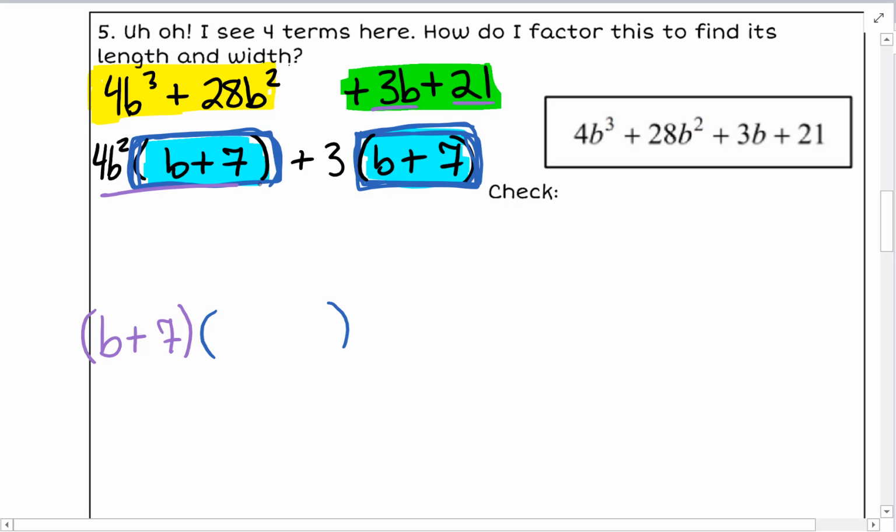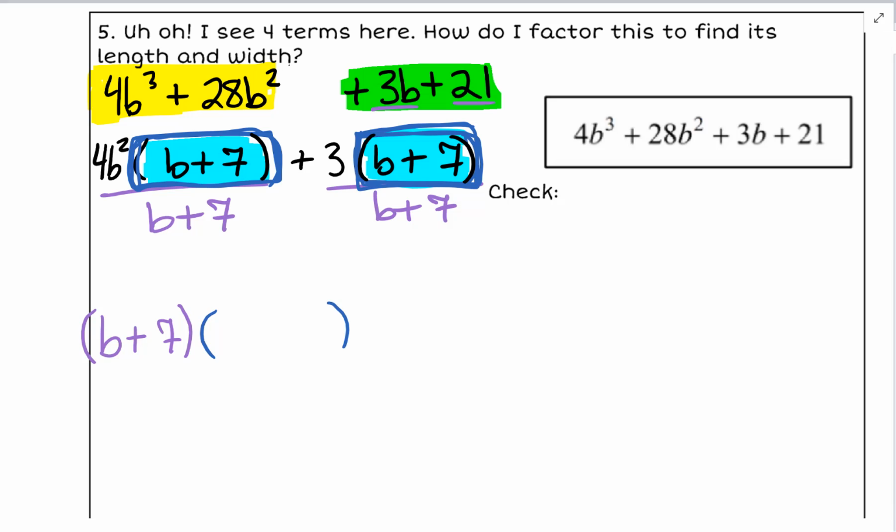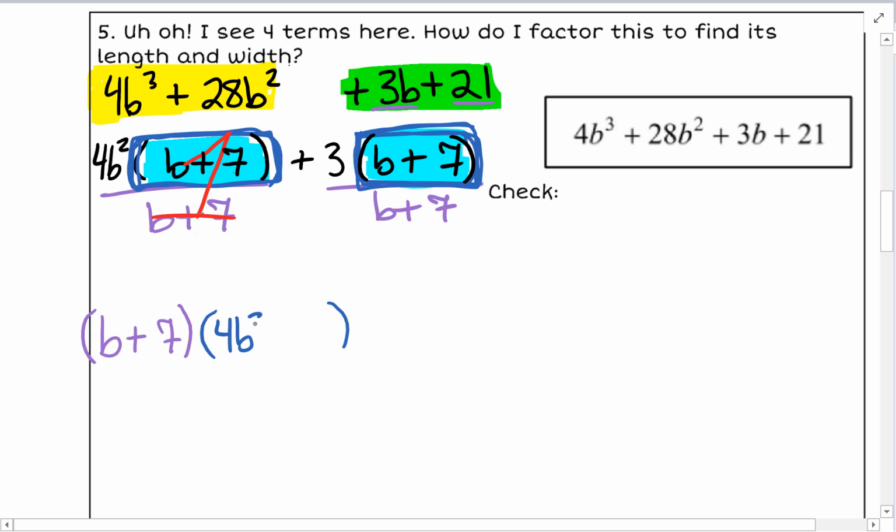Okay, well, let's divide these two products by our GCF. b plus 7 over b plus 7 is just 1. So 4b squared times 1 is 4b squared. b plus 7 divided by b plus 7, that's also 1. And 3 times 1 is 3.